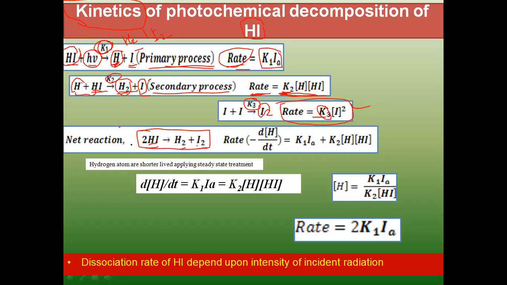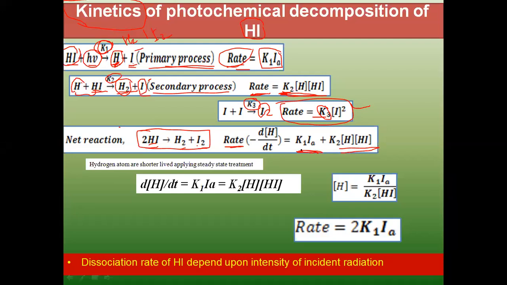In this way it can be decomposed. The rate for this decomposition of HI is the summation of the rates of the first reaction and the second reaction. So you sum these two and you get this equation.